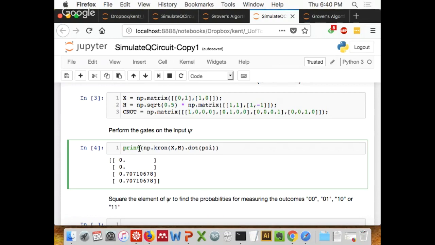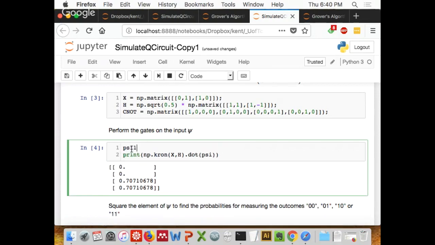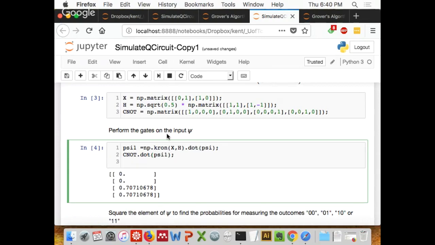And now let's call that psi 1. Now we want to do the C0. So now we just take that with our psi 1, and let's do that.